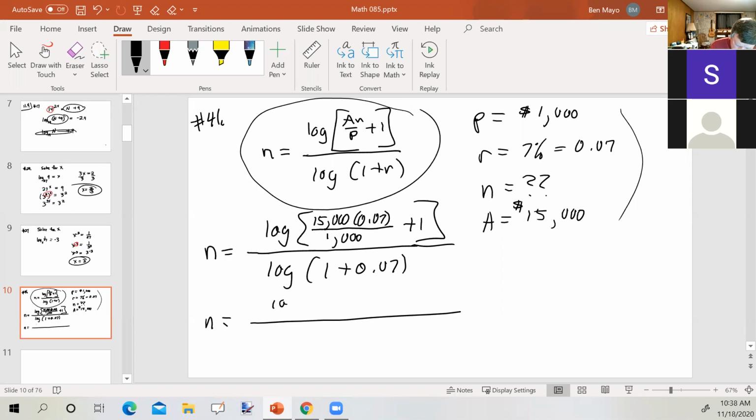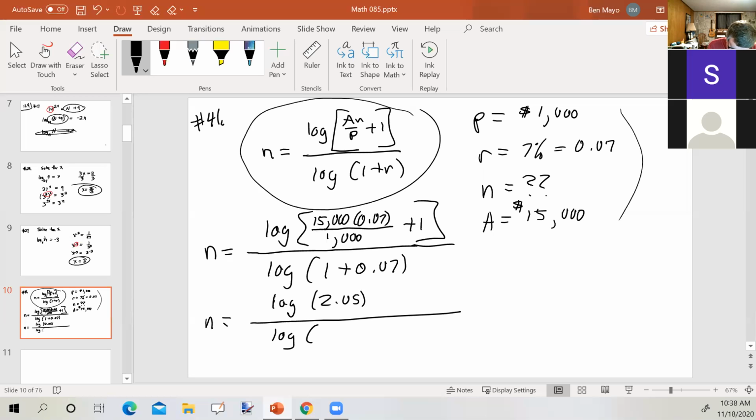So if I take 15,000 times 0.07 divided by 1,000, I get 1.05 plus 1 would be 2.05.